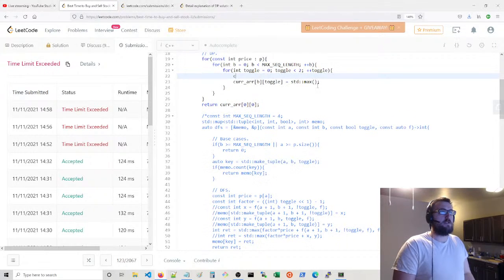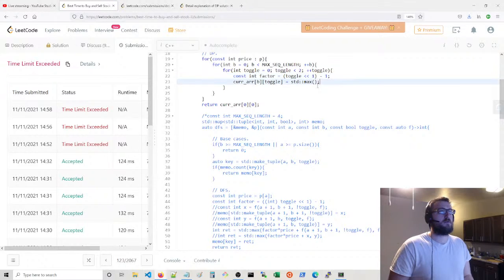So we have a factor, toggle bit shift to left 1 minus 1. And it's going to be this factor times the price plus current array. So it's going to be previous array of, this translation is almost direct, so it's not A plus 1, we don't have A in there.